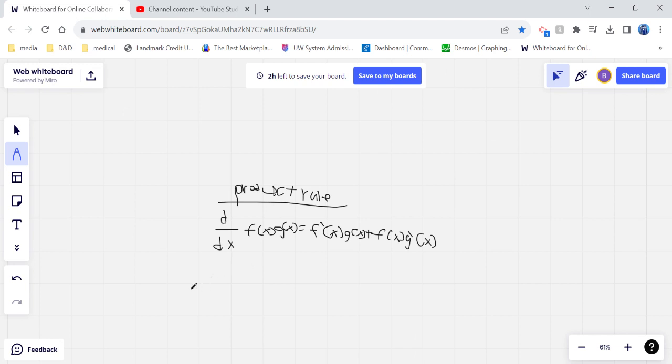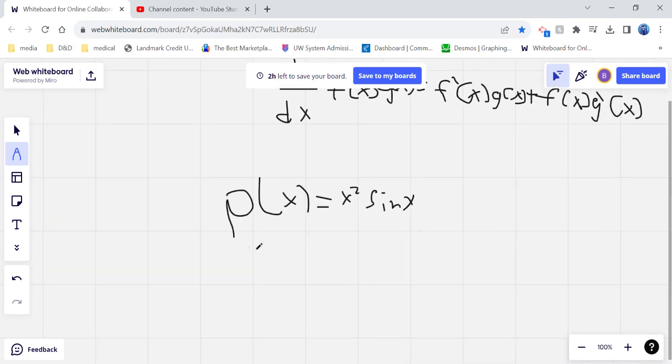So let's say we had some function. I'll call it p just for the sake of simplicity and to avoid confusion here. So let's say the function p of x equals x squared times sine of x. So the first step here would be to define our two sub-functions, you could say.